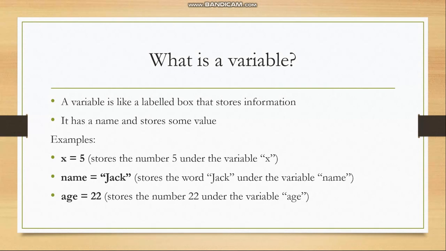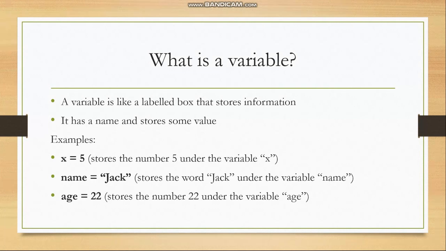Now, when I say variables, you probably think back to your algebra class, where a variable is basically a letter that has a number that represents it, right? Like x equals 5 or y equals 10. We can have something similar here where you can have a variable x storing the value 5.